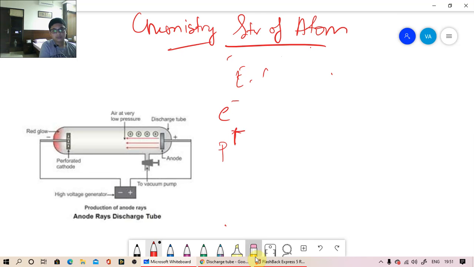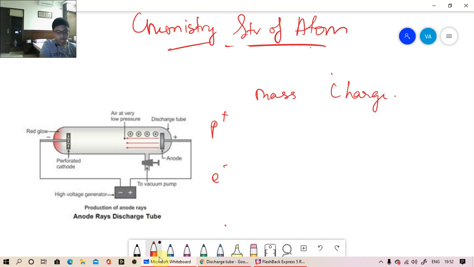Now let's discuss the mass and charge of a proton and an electron. First, the mass of a proton is 1.672 into 10 to the power minus 27 kg.